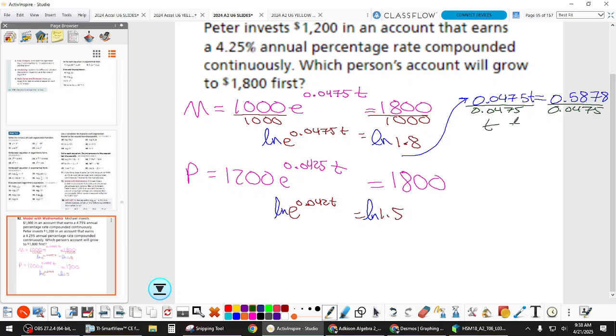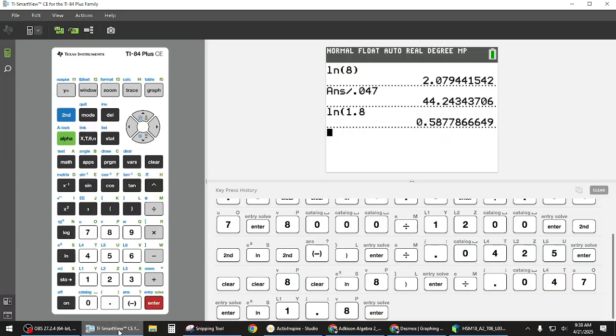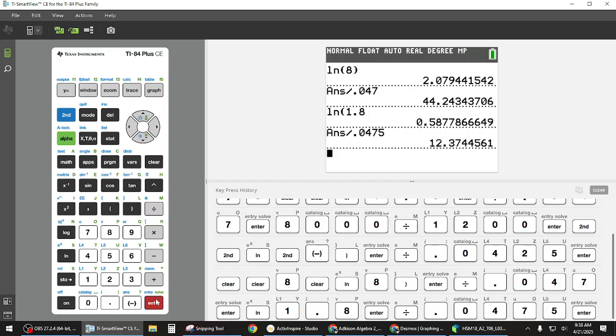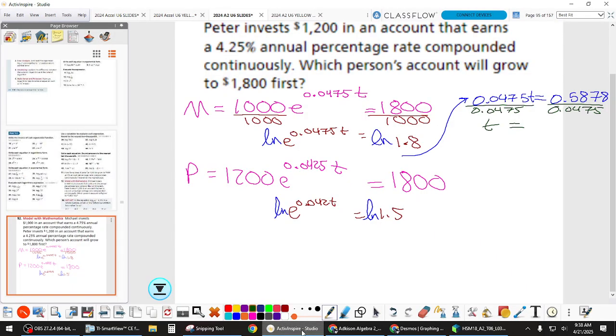And we'll get t and some number. If you're keeping all this in your calculator, it's easy enough to just hit divided by and not have to worry about retyping that number in. So about 12.4. What is the unit of 12.4? What should we label it? 12.4 of what?